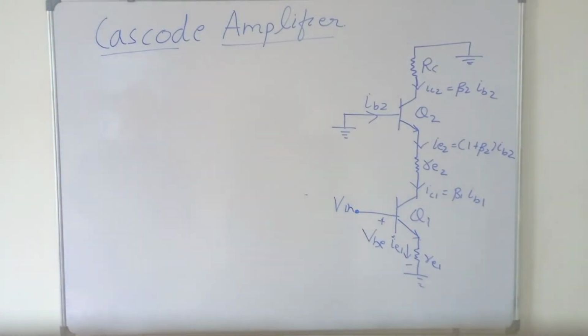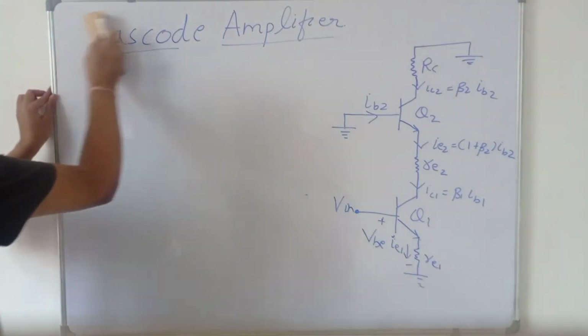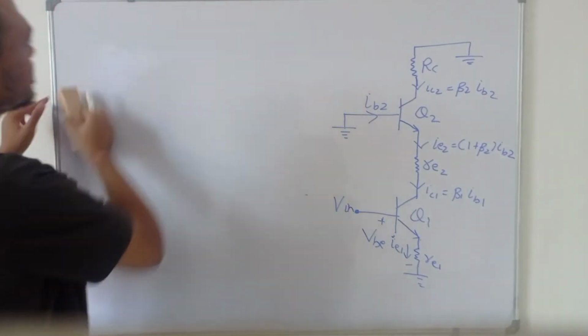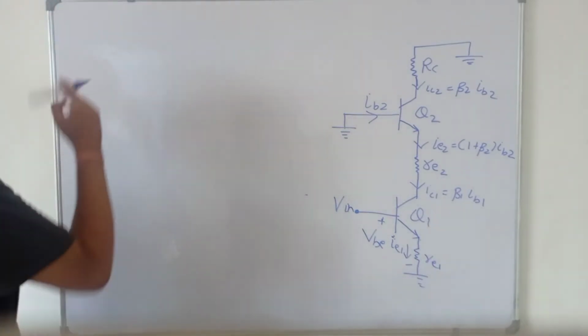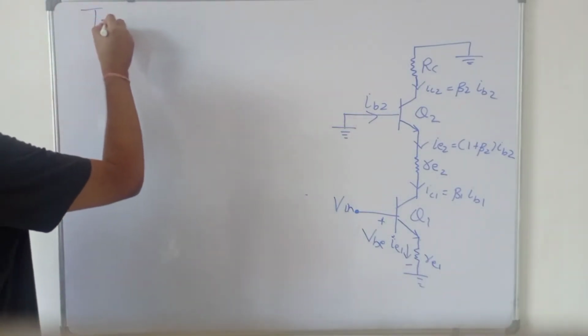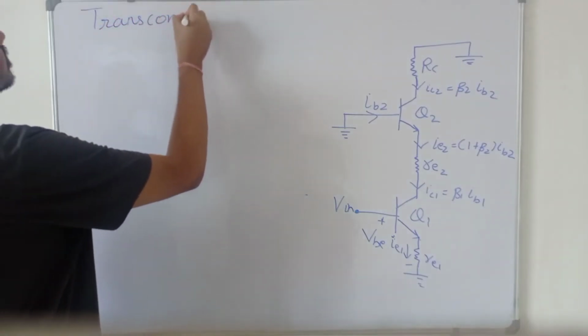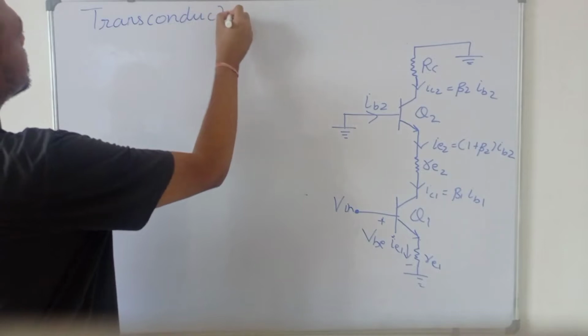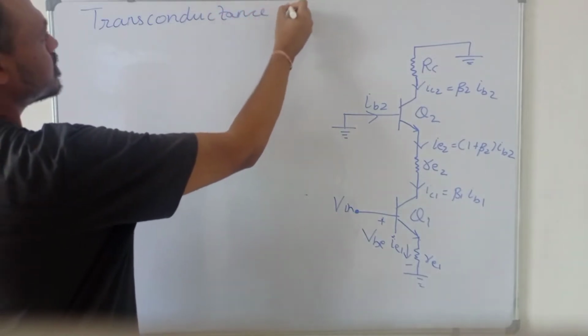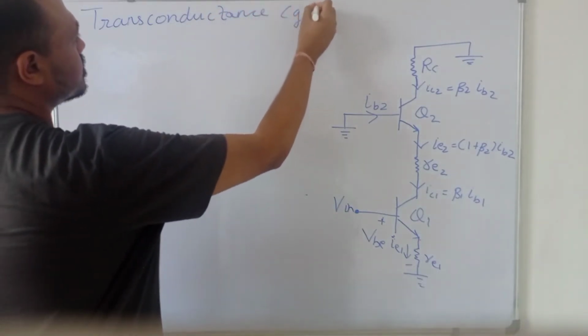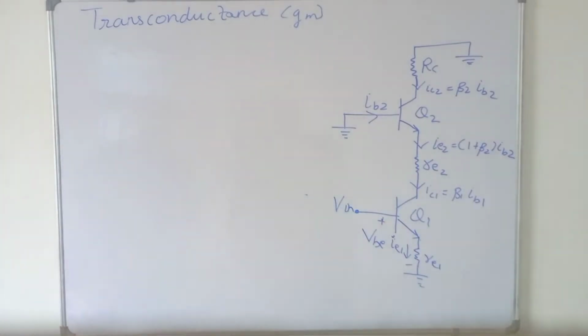Now we will find the transconductance GM of this cascode amplifier.